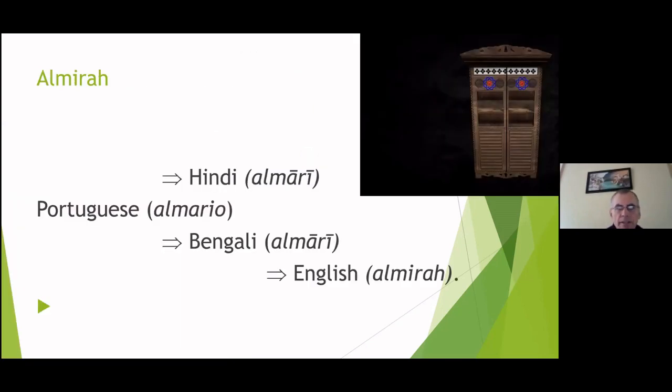Now, let's see another word, almari. It means a small cupboard. In English, we have Almira, and it is related to Hindi almari, but it's not a direct borrowing. Interestingly, both words are derived from the Portuguese almario, and from the Portuguese it went into Hindi and became almari, but also it went into Bengali, where it was also called almari.